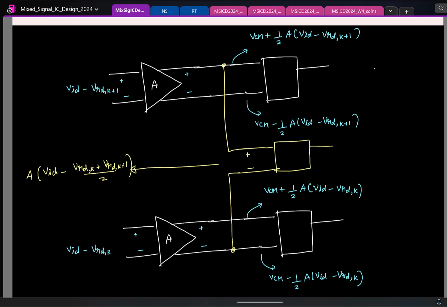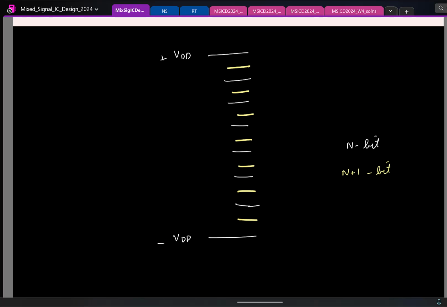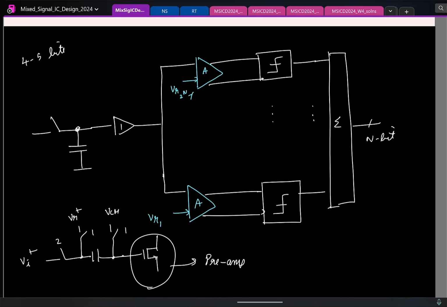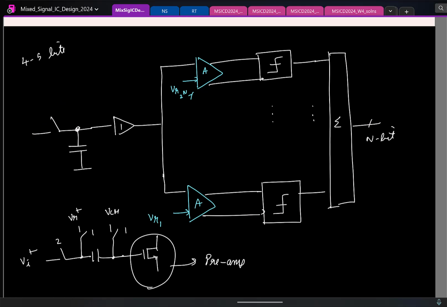So yeah, this is one nice thing about interpolation. When I do this, I see that the number of preamplifiers I need doesn't necessarily increase, and that is particularly good news. If I look at the top level implementation of a flash, what I am claiming is now the number of comparators is more, but the number of preamplifiers is lesser.